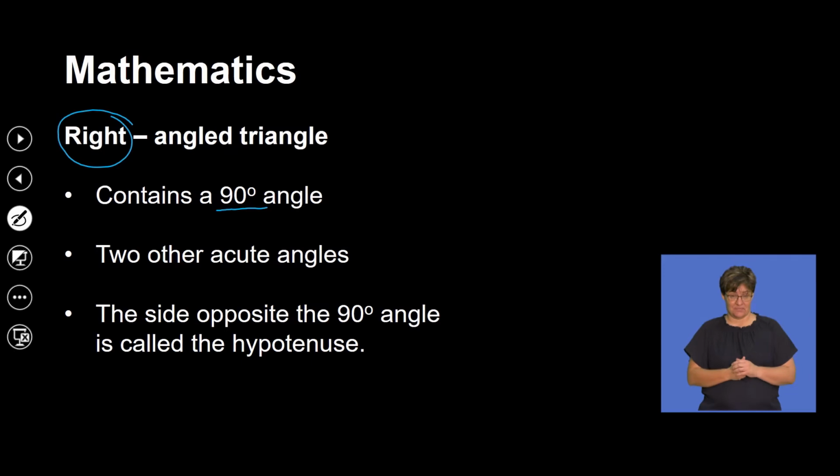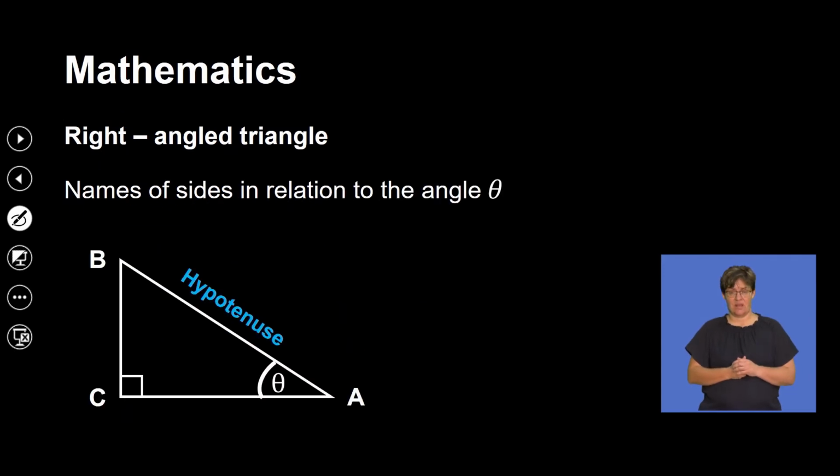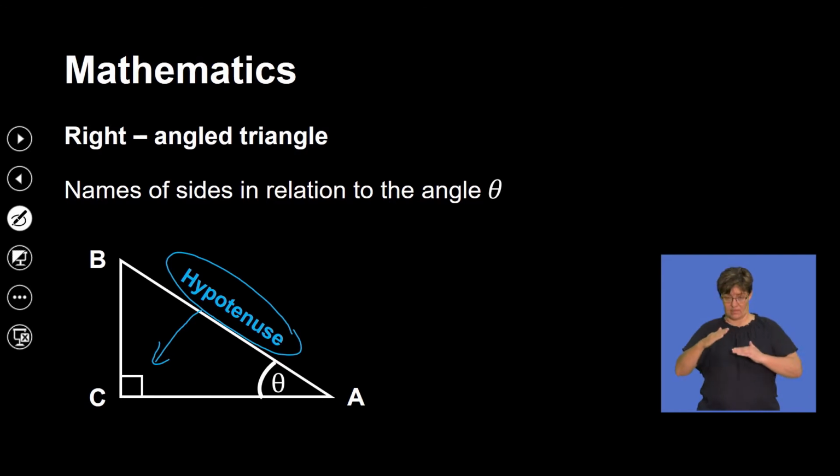Remember that as well. Now, we also have the names of sides in relation to the angle theta. The longest one, which is opposite the 90 degrees, is called the hypotenuse. In relation to theta, the side just next to it will be called the adjacent side.